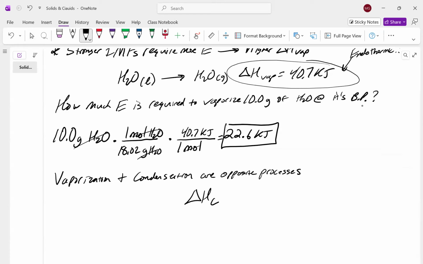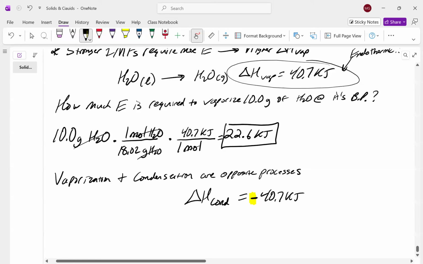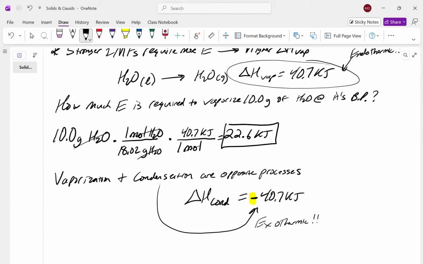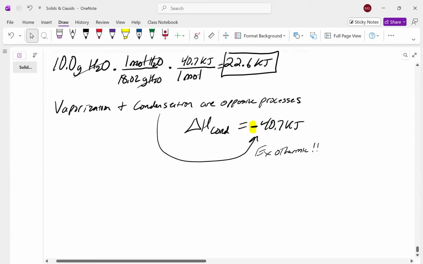So the delta H of condensation for water is the same value, but because it's an opposite process, its sign is negative. It's the opposite sign of the vaporization, which basically tells you what about condensation? It's an exothermic process, which is kind of weird because you're getting colder. But in order for a liquid to lose kinetic energy and become a solid, it has to lose that energy. And so the condensation process results in a loss of energy.